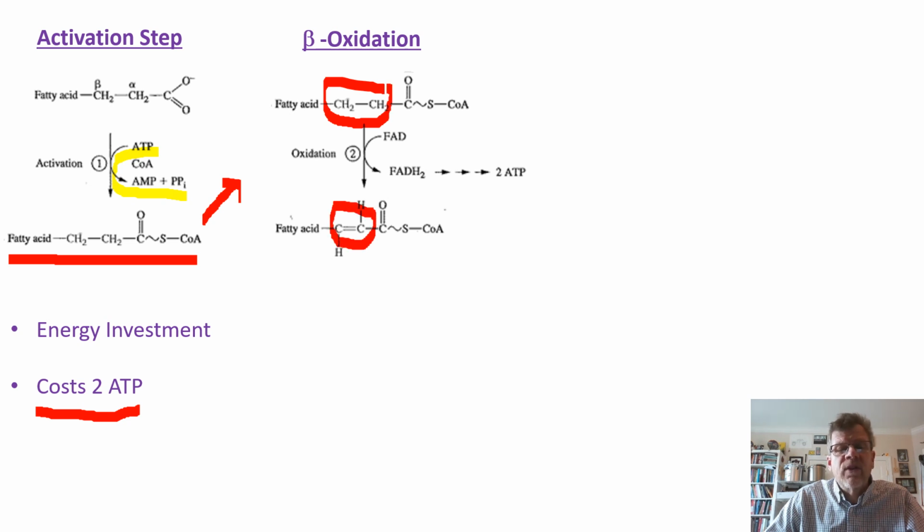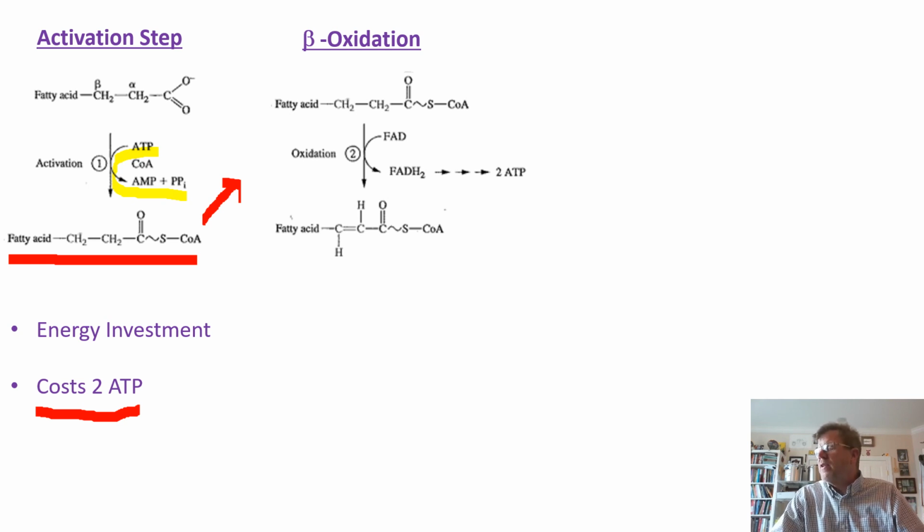We've lost CH bonds, and thus that must be, by definition, an oxidation. Similar to the citric acid cycle and any oxidation, we cannot have an oxidation occurring without a concurrent reduction.